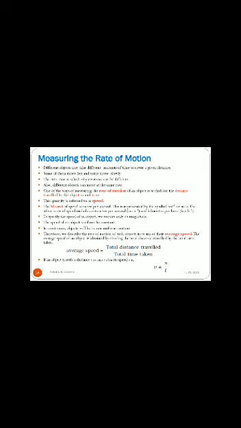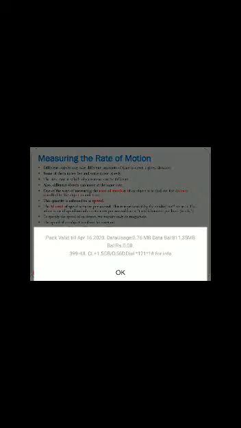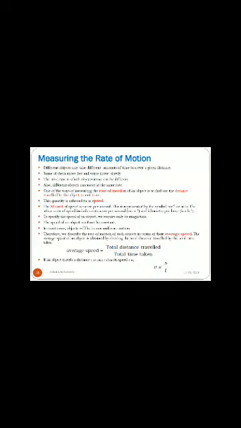Some of them move fast and some of them move slowly. So we are measuring the distance covered with respect to time. The time rate at which the object moves can be different. Also, different objects can move at the same rate.